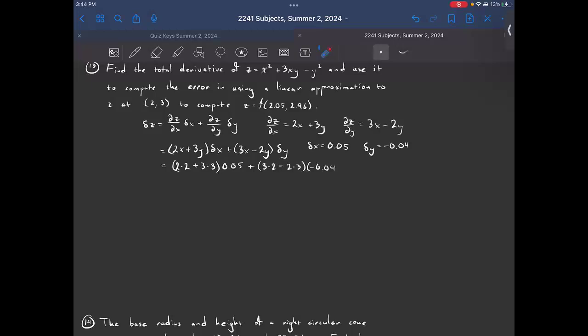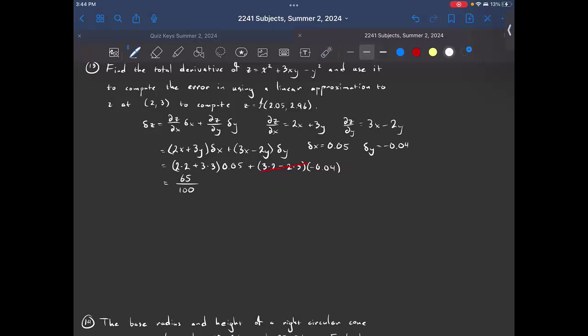Well, conveniently, this term cancels out because that's 0. And now we have 4 plus 9 is 13, and 13 times 5 is 65 over 100. All right, and so that is our approximate error in z.